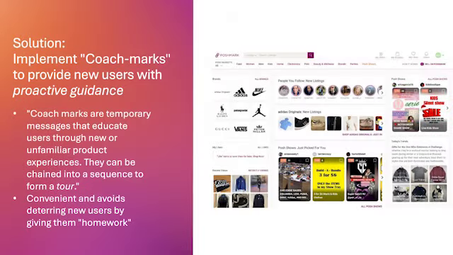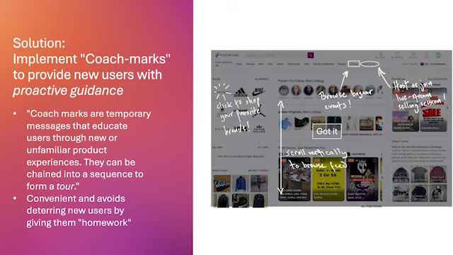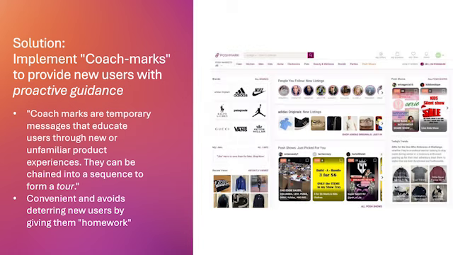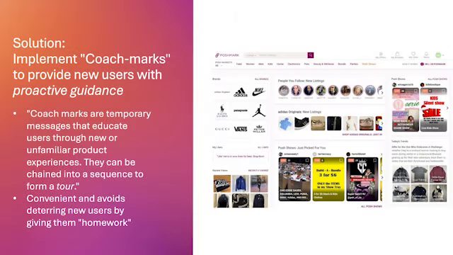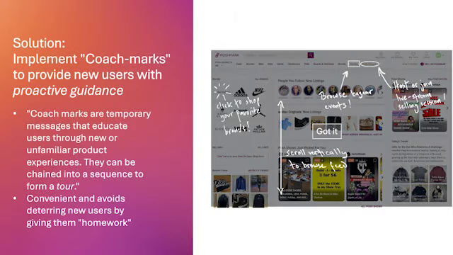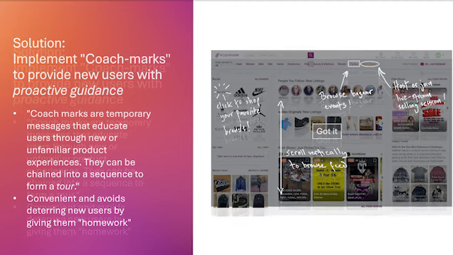Our solution to this problem is to implement a UI design pattern called coach marks to provide new users with proactive guidance. Coach marks are temporary messages that educate users through new or unfamiliar product experiences. Coach marks are convenient and avoid users being deterred by giving them homework.